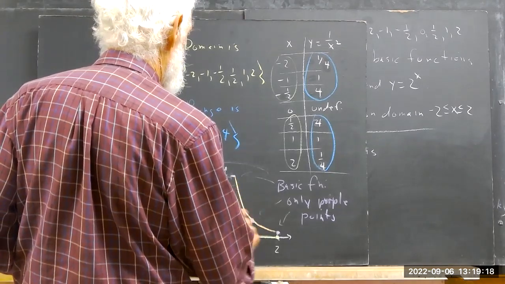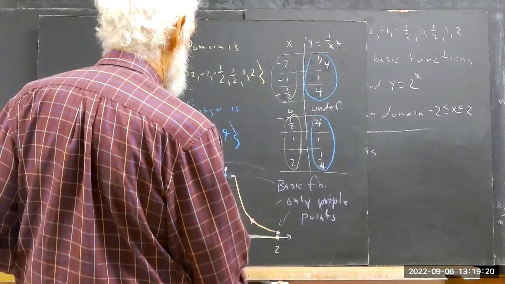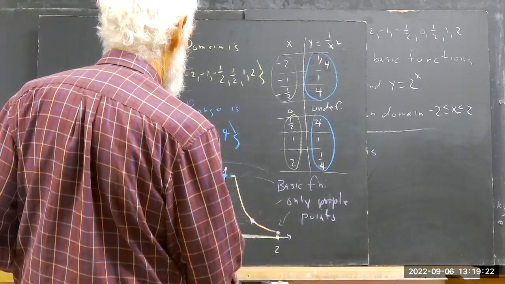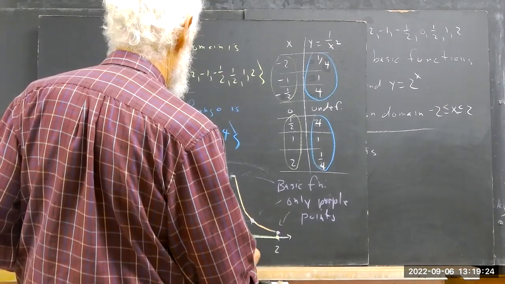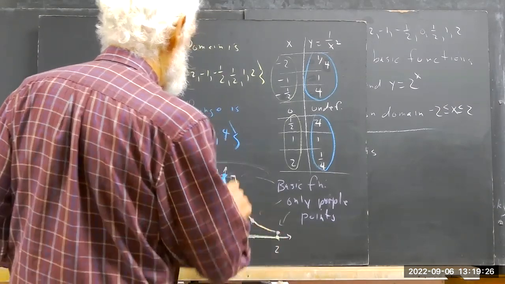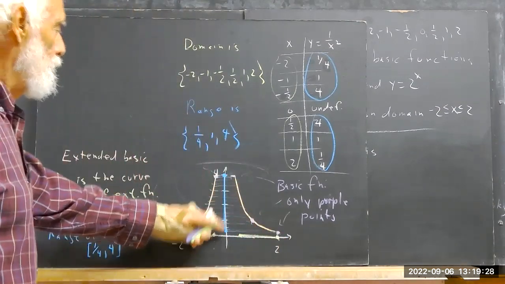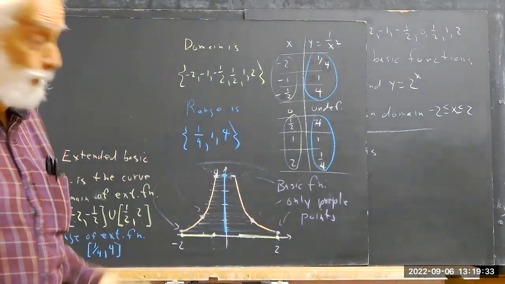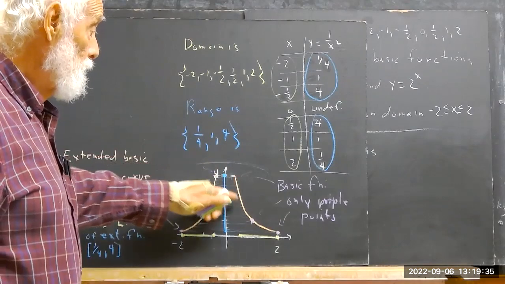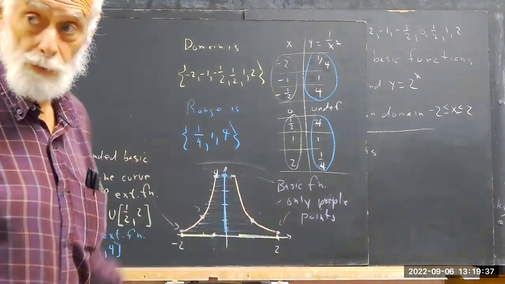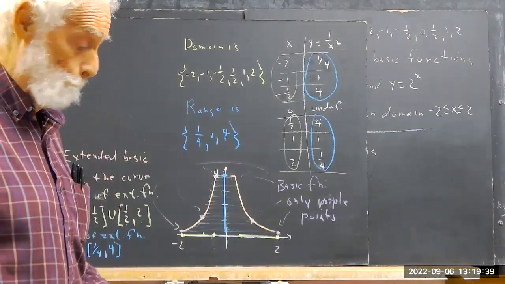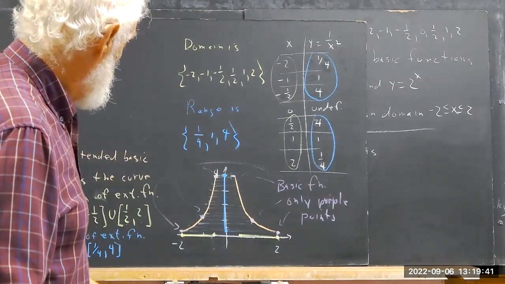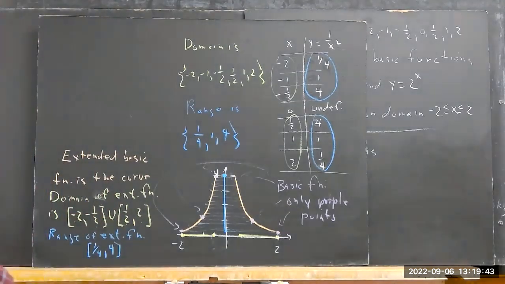Points on the graph. Stop here, but all the y values between here and here get taken up. If I did projection lines, these points over and from these points. Okay, good. Well, that's a visual picture of the graph.